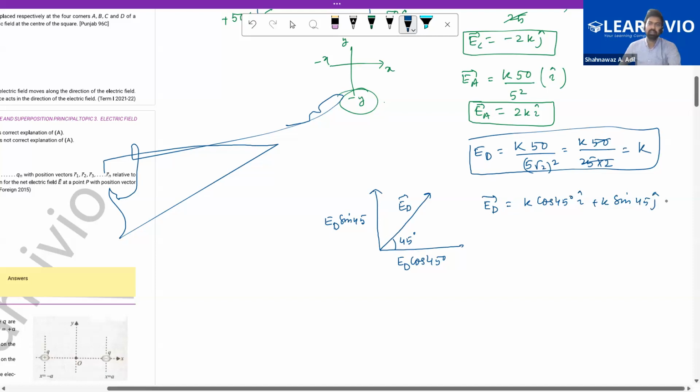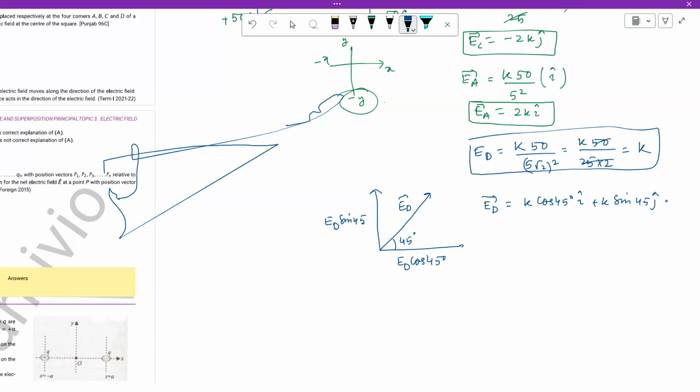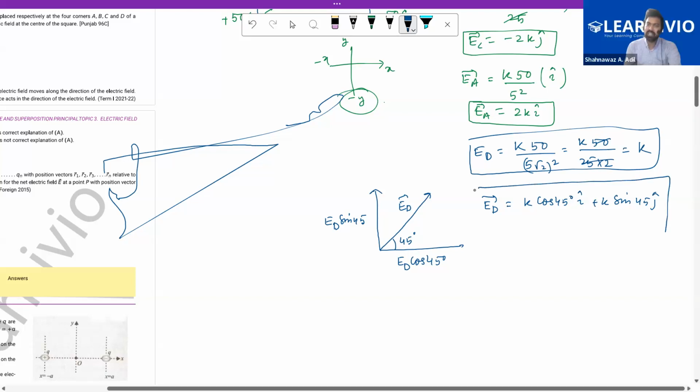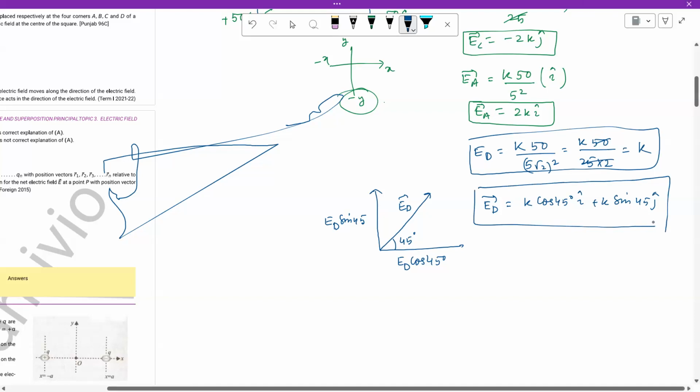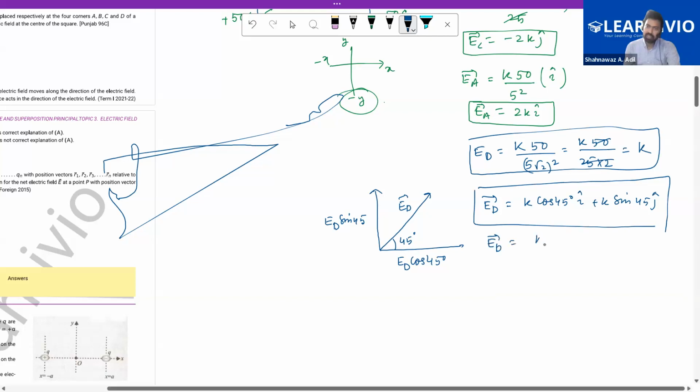Am I correct? Yes. So ED would be K by root 2 i hat, because cos 45 is 1 by root 2, and this is also 1 by root 2 j hat. So this is my ED vector.